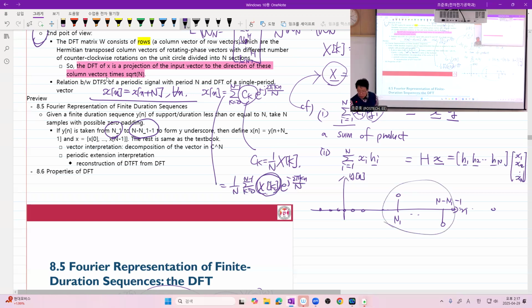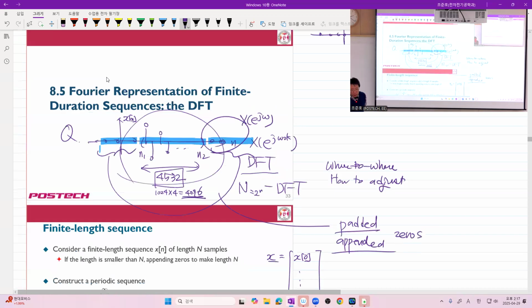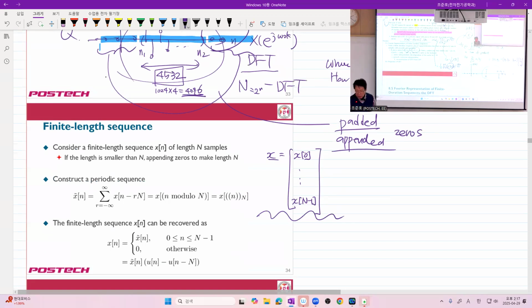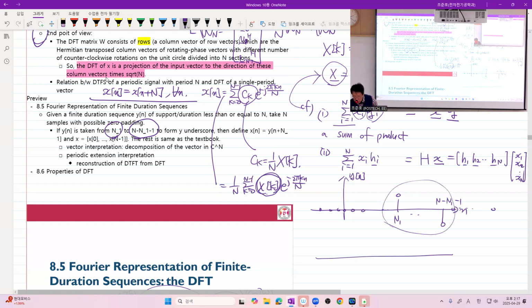But as you see here, most of the textbooks just assume that we have taken from 0 to N minus 1. In that case, just consider moving this to 0. Then this n1 becomes 0, and this range ending at n1 plus N minus 1 becomes N minus 1, right?